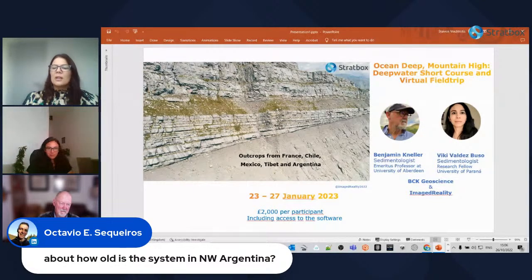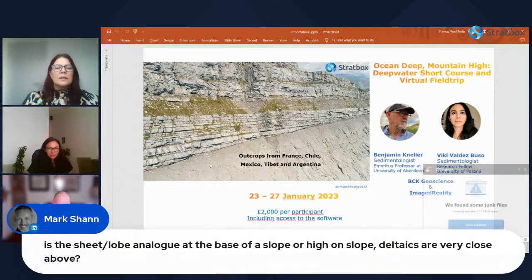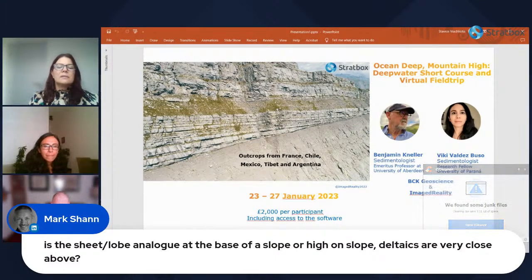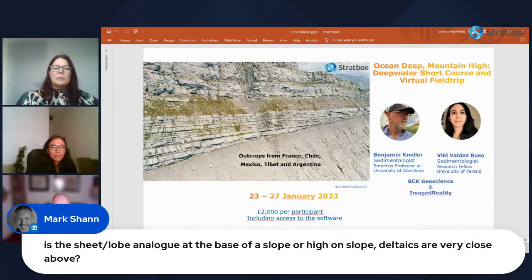Thank you. So, there's another one here from Mark. Is it the sheet or the lobe analog at the base of a slope or high on slope? Deltaics are very close above. I'm not sure I've done that question. Oh, I see. Yeah, in that example from Argentina, we have a pretty hefty glacial-eustatic sea level fall that's responsible for driving those deltaics over the top.